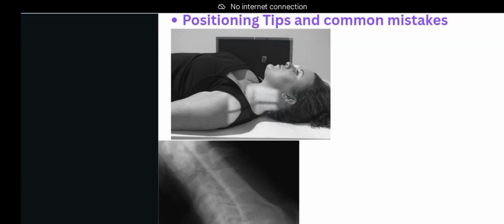C2 helps for easy identification because it has a large spinous process, so it can easily be identified, and from there you can count down to C7 and T1. If you don't include this structure, you may produce an image where it is difficult to even know where to look. So in collimating, you have to include C2 to T3.